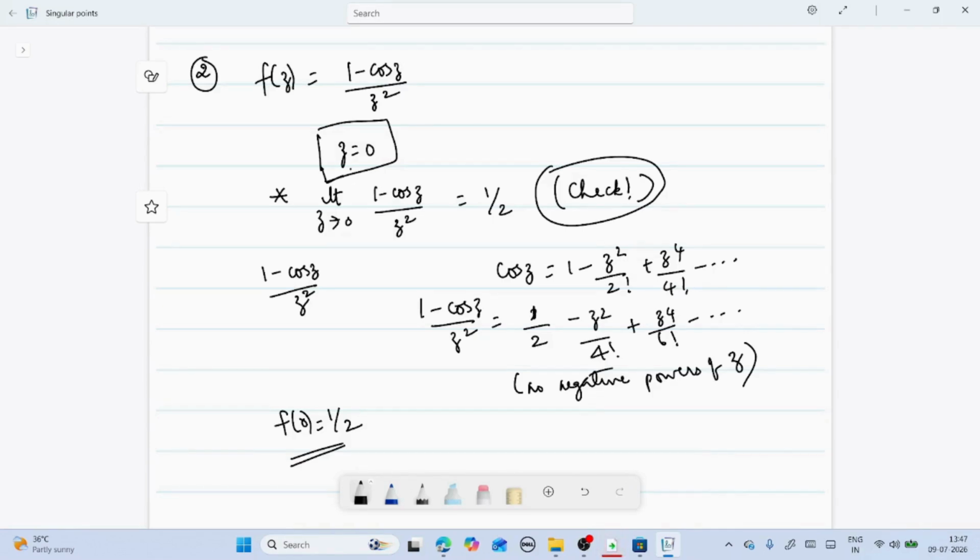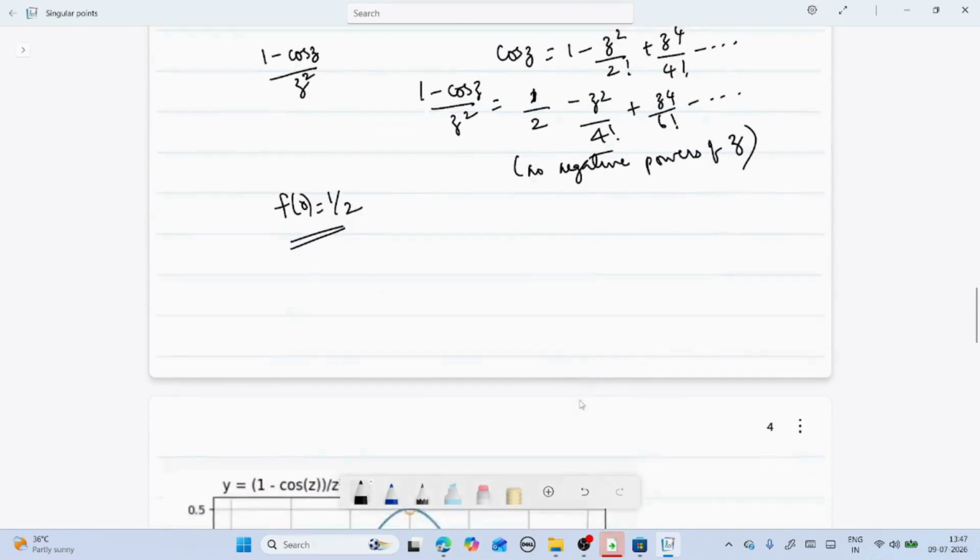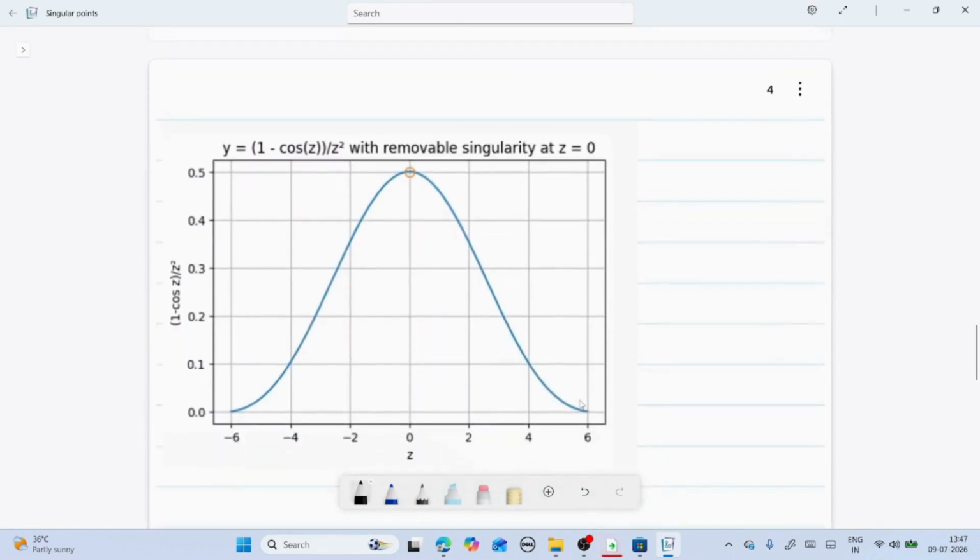We can just use the graph to visualize it. Look at this graph. This is the graph for (1 minus cos z) by z square. You can see that the removable singular point exists at z equal to 0. You can see the small hole here. So there is a gap.